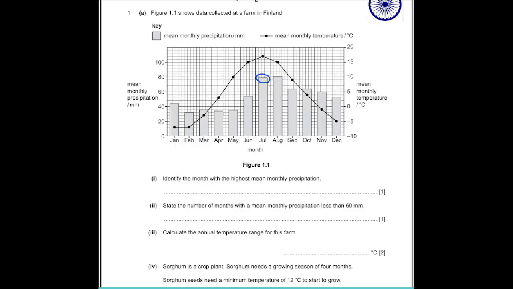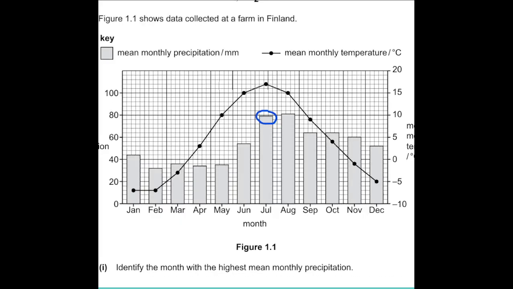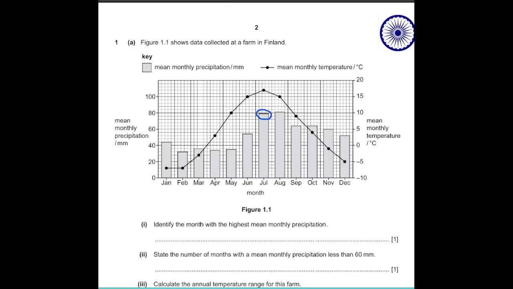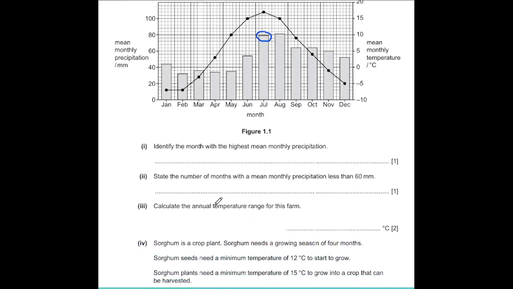I'll just show you here. Yeah, I think this is much more clear now. As you can see, this is near to 80, very close. The other one is above 80. So that means our first answer is August.